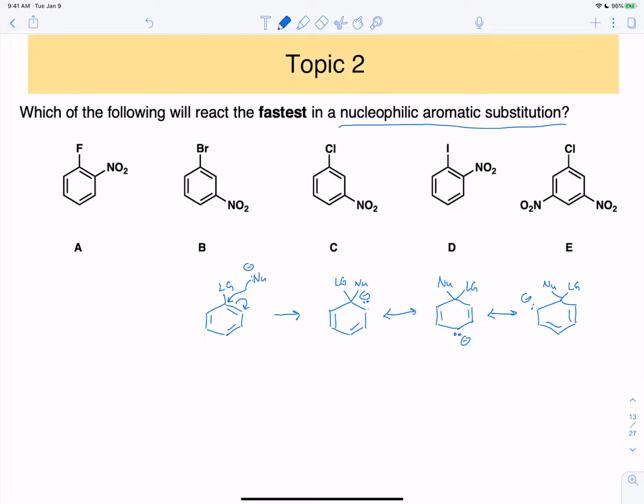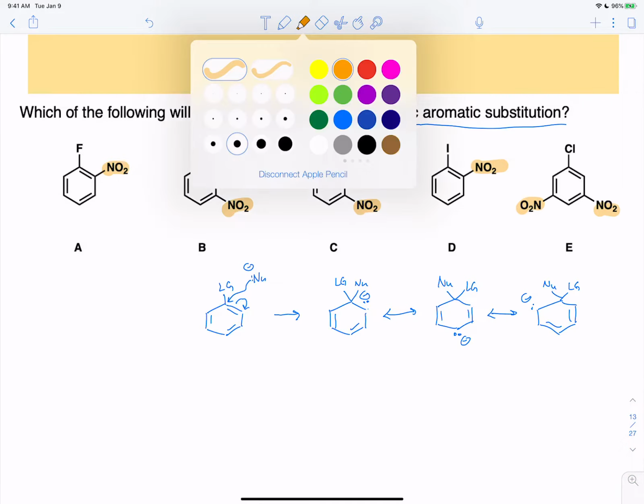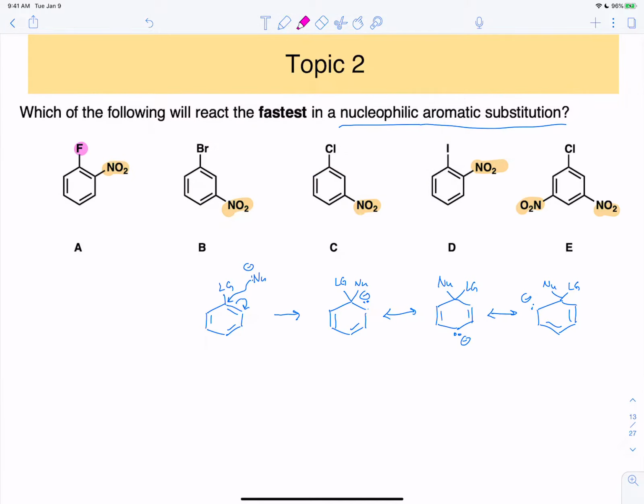When we look at all the different options, all of these have one thing in common. Each one has a nitro group, and these are strong electron withdrawing groups, so this is going to be good. They also all have a leaving group of some sort of halogen that potentially could leave. So we want to put this negative charge on a carbon that has that electron withdrawing group.